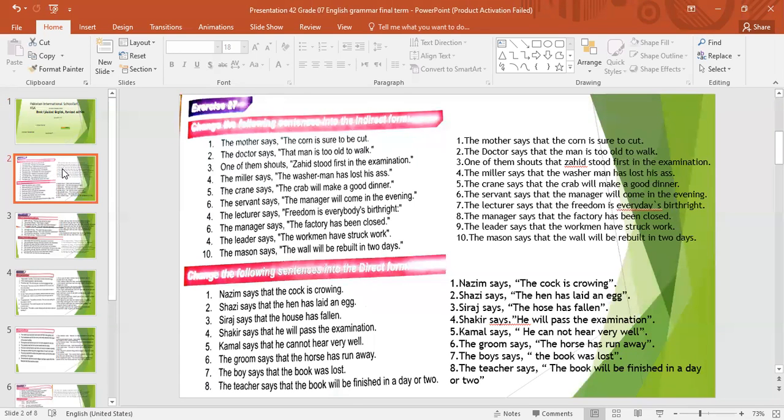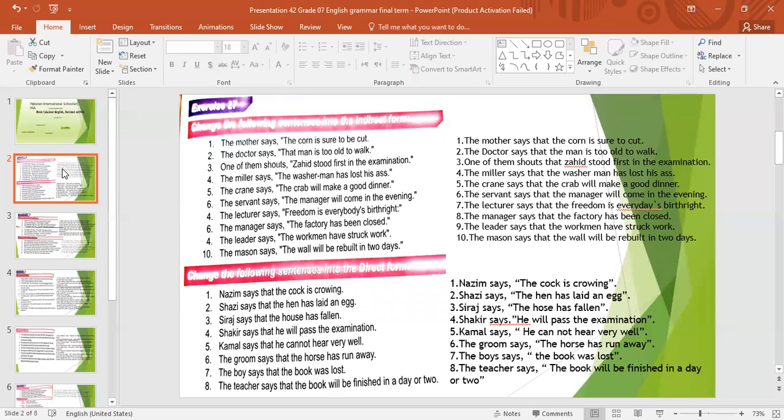Then there are separate rules for each exercise, to change them into indirect speech, or if they are indirect, to change them into direct. Before every exercise I will try to tell you the rules.